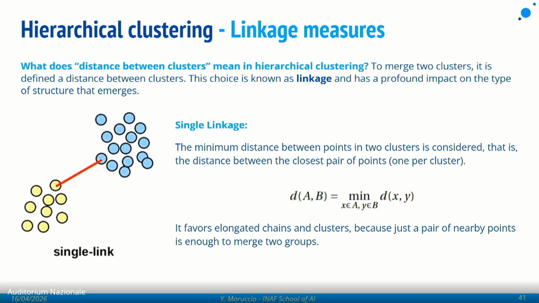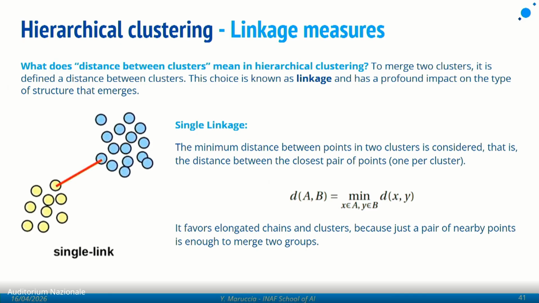The single linkage measure helps us calculate the minimum distance between the points that are in 2 different clusters. So it is the distance between the closest pair of points belonging to different clusters.